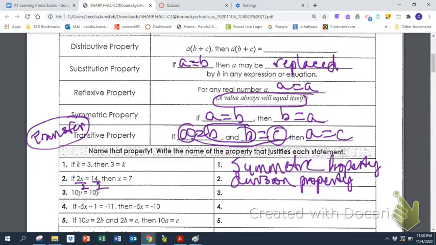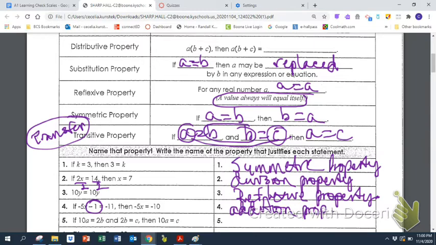On number 3, remember the one where a value will always equal itself? That is 10y is equal to 10y. That's your reflexive property. Now this next one, what did they do here? They added 1 to each side, so that's going to be addition property.